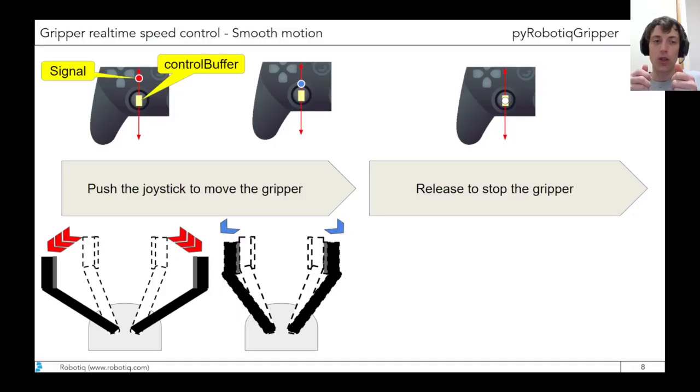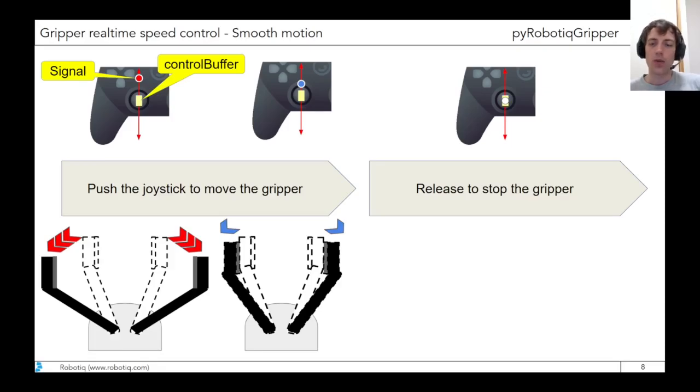So you will use the joystick, and you will push it up quite far because you want to go fast to the object, so you request the gripper to move fast. It's what you see in the top left image here. The right circle is the position of the joystick. So we will ask the gripper to close fast.